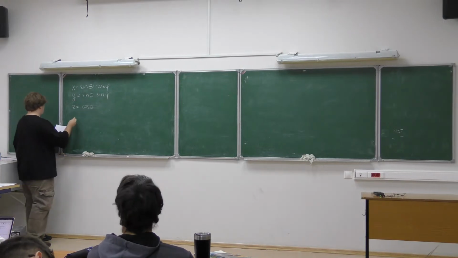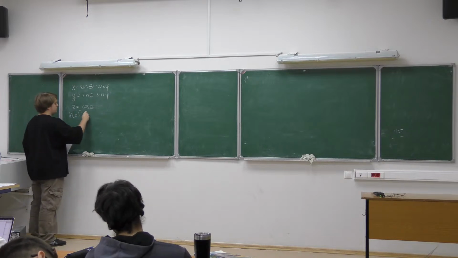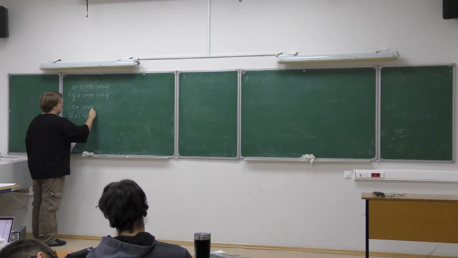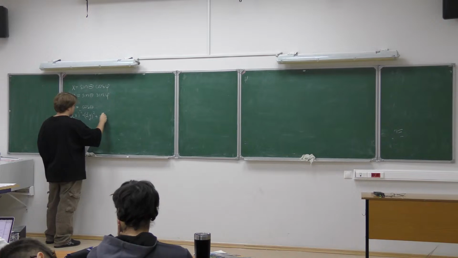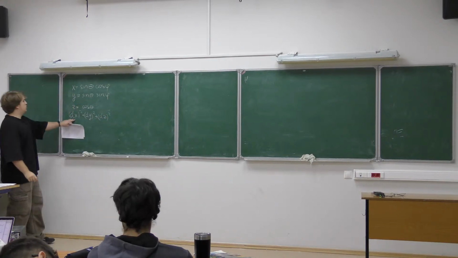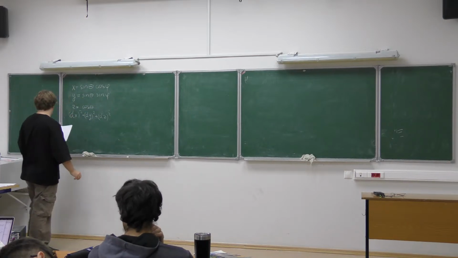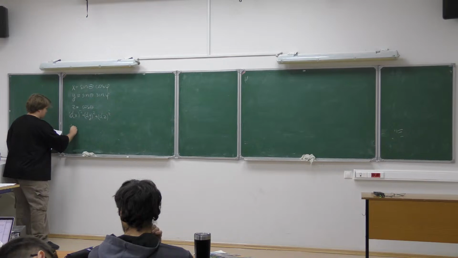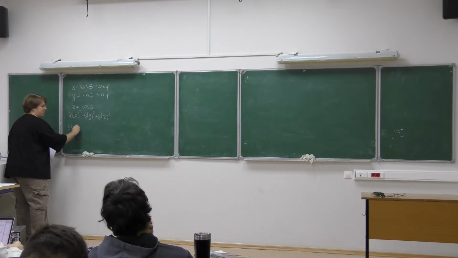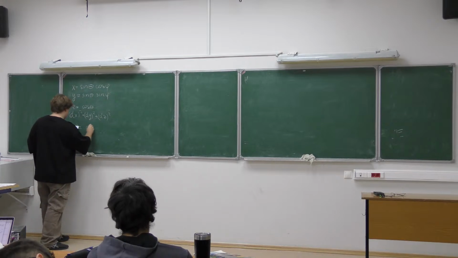Then we should have such metrics. And we want to restrict it to the sphere, and we write in polar coordinates. So I will not write all the computations. Some answers.